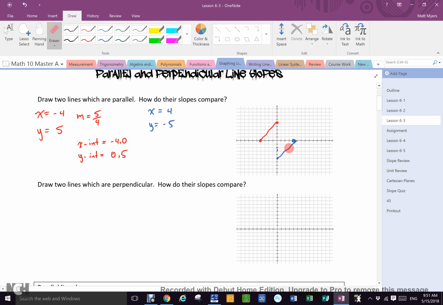Now, make another dot at x equals +4 and y equals -5. And connect it. What do you know about that line? It's got a positive slope of what?